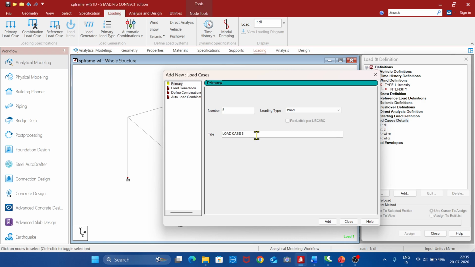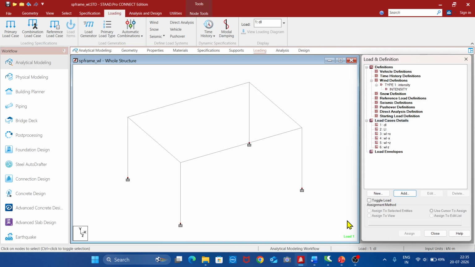Then fifth case, wind load acting in the positive Z direction, click add. Then wind load acting in the negative Z direction, click add, click close. So these are the loads which we are going to give for this problem, as well as the load combination.